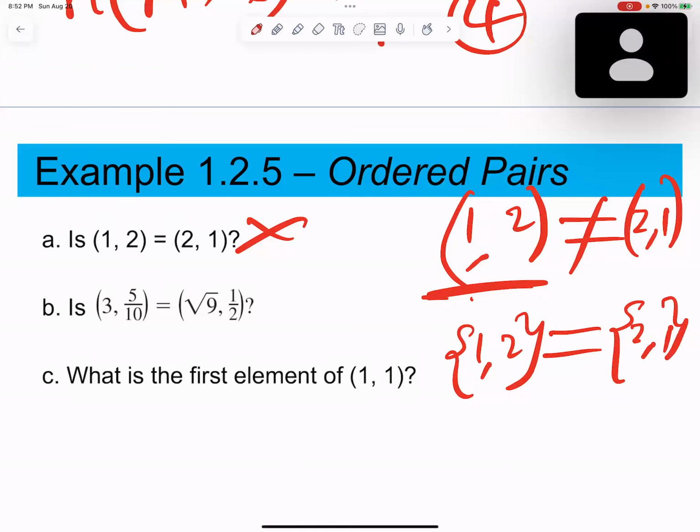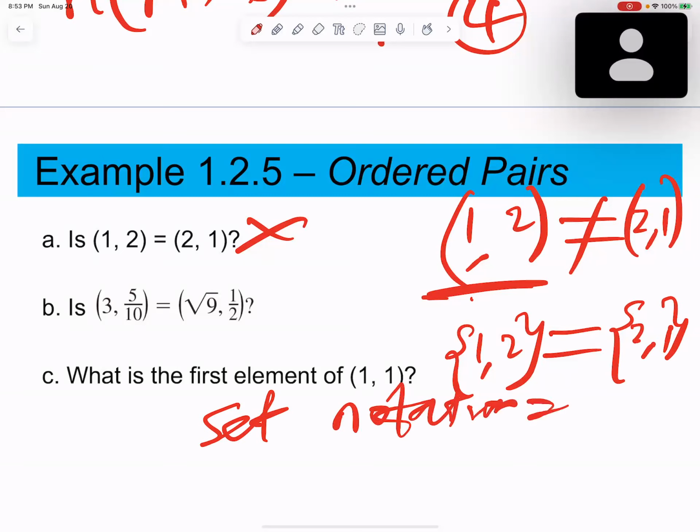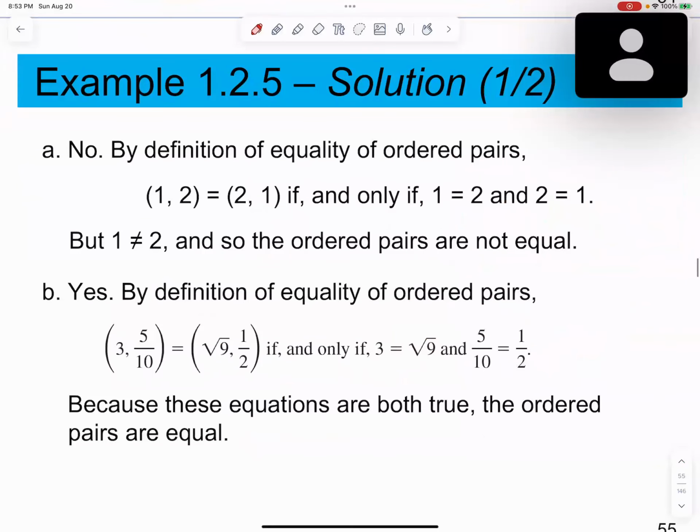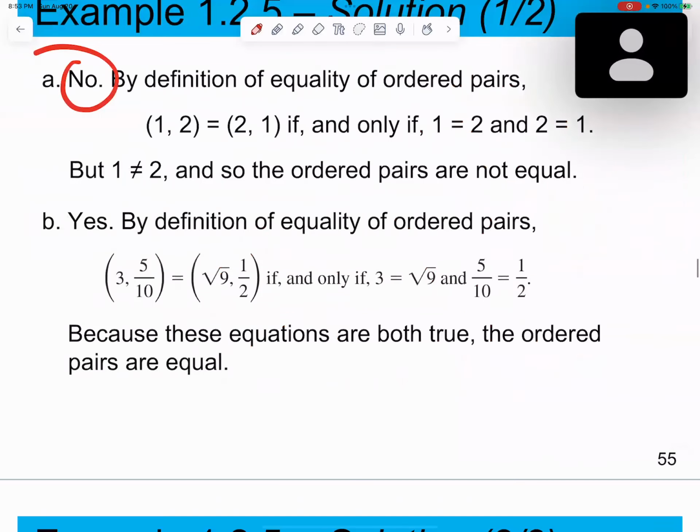Take notes. So there is a difference between what? Set notation uses curly braces, ordered pair uses parentheses.